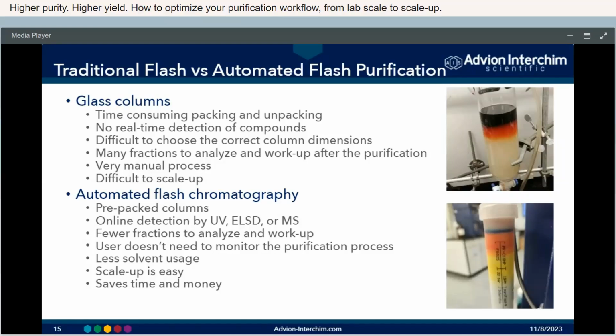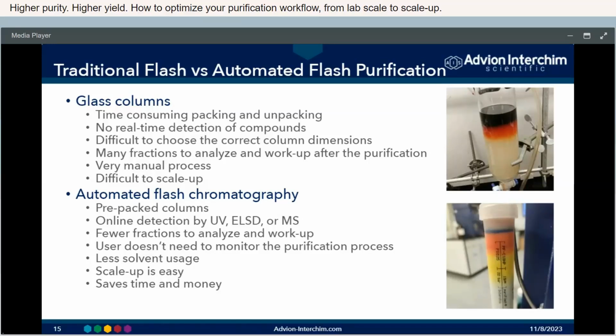First of all, there are no columns to pack. Generally, people use pre-packed columns, so they come in different sizes from 4 gram all the way up to multi-kilogram cartridges. You have online detection by either UV, ELSD, or mass spec, depending on the instrument and the detector you have.